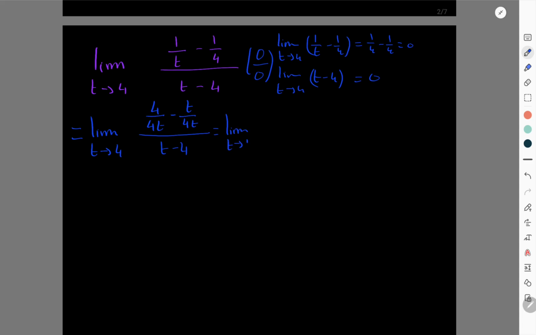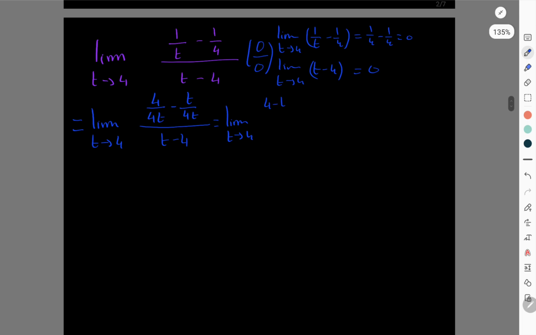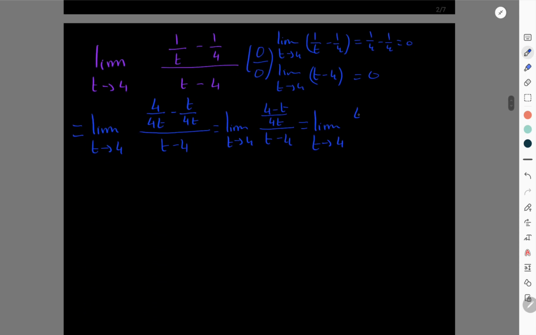And then that's what we get here: (4 minus t) divided by 4t, all over t minus 4. And this is nothing but writing it this way.